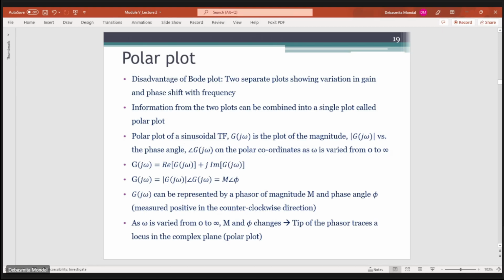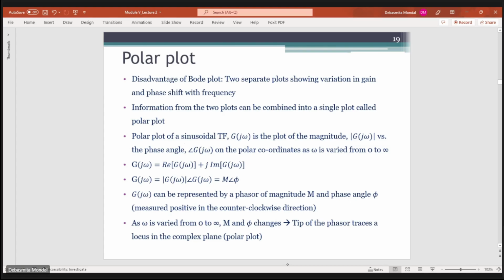In a polar plot, what we plot is the magnitude of G(j omega) versus the angle of G(j omega).